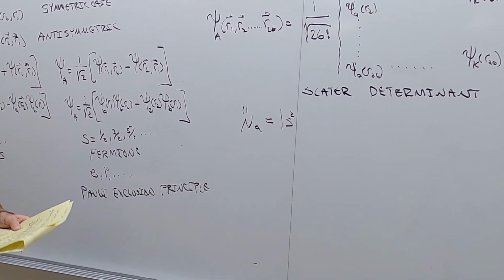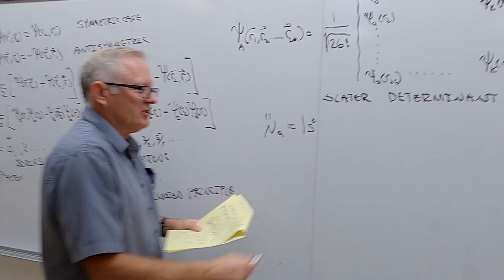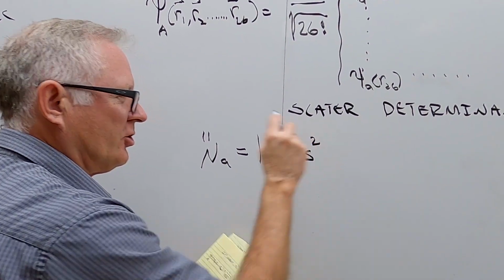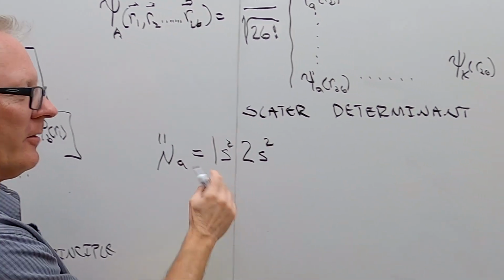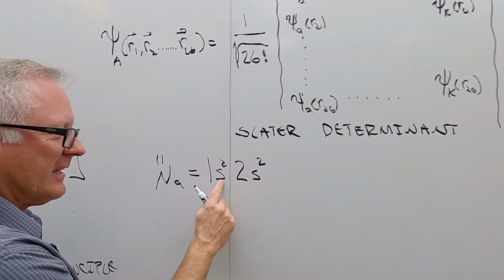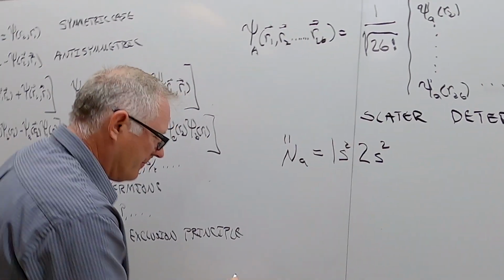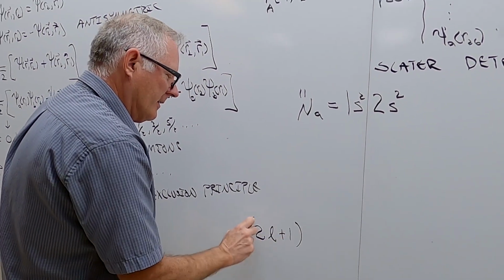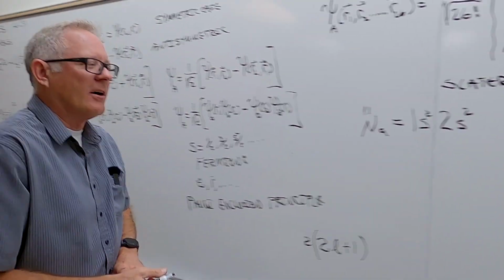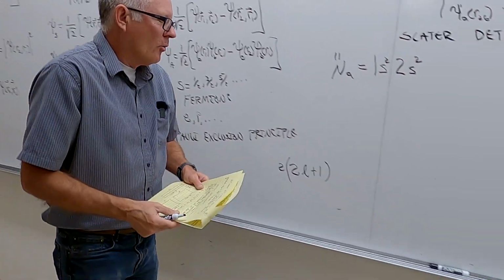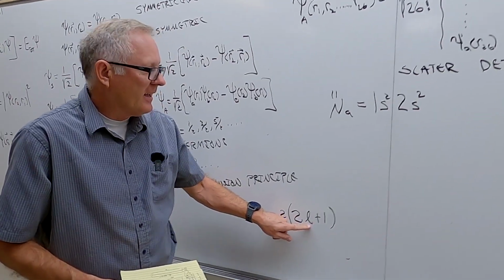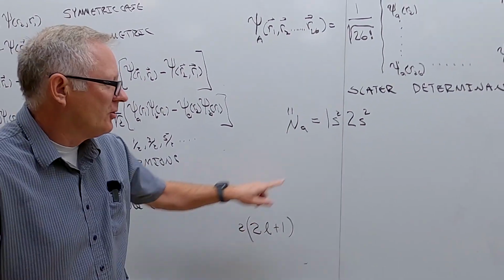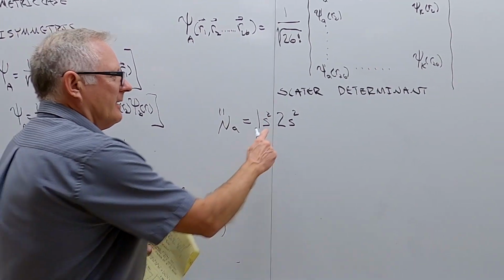Because there's 2 in that first 1s shell. Then you got 2s2. Remember, the number of electrons that can be in a shell is given by 2l plus 1 times 2. Remember, we said that was the degeneracy. When l is 0, you get 0 plus 1 is 1 times 2. That's why you got the 2 there.